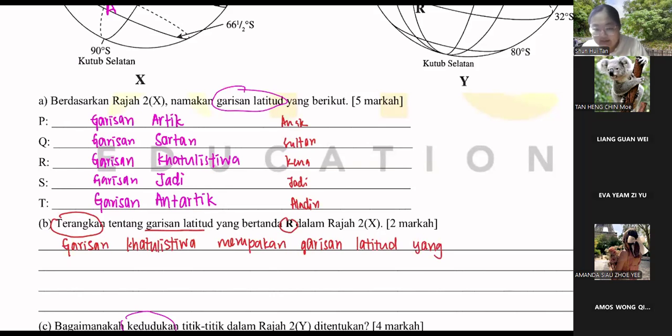Other than that, where is it located? Terletak di 0 degrees. All right, this is the first. And then you can say garisan ini.